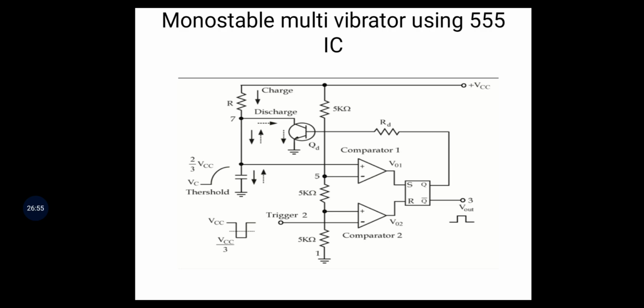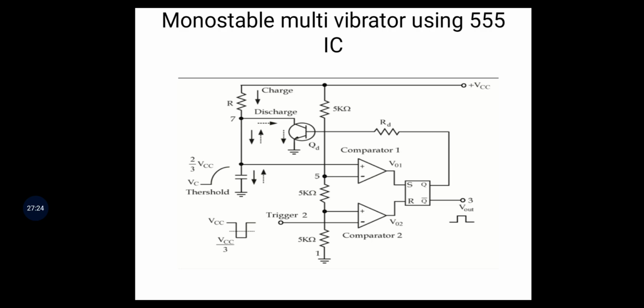Here the 555 timer can be operated as a monostable multivibrator by connecting an external resistor and capacitor. It is shown in the figure. The circuit has only one stable state. When a trigger is applied, it produces a pulse at the output and returns back to its stable state.